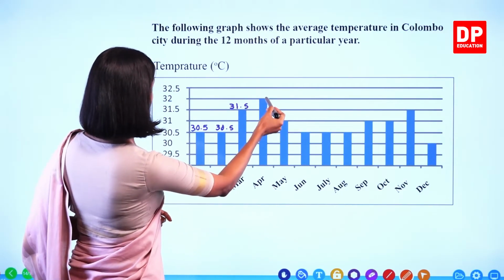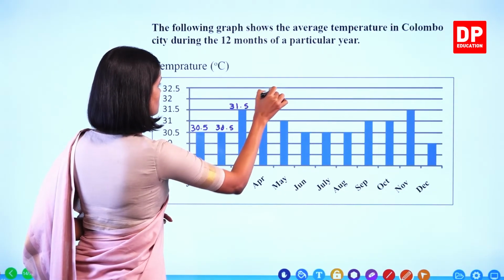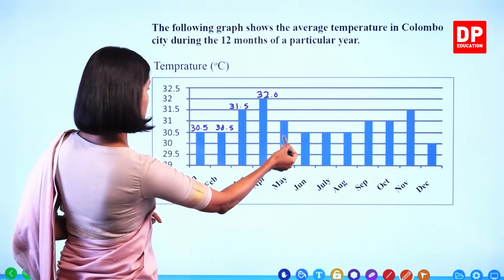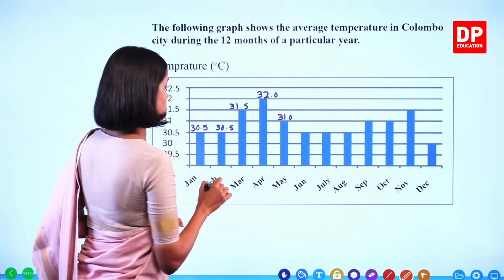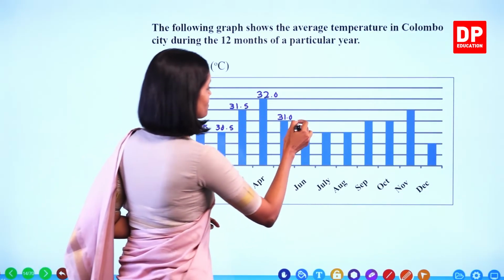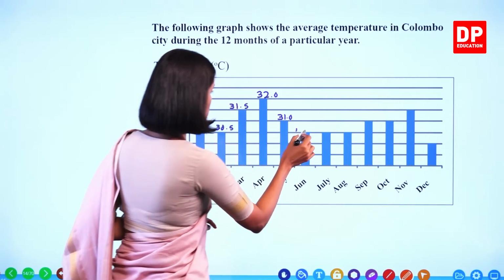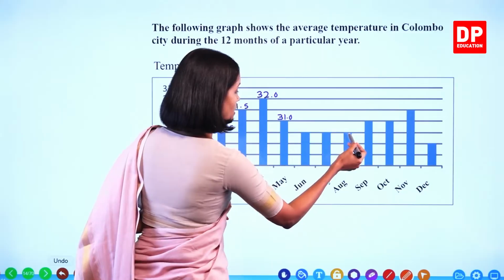April 32. May 31. We'll write 31.0. June 30.5. June, July both 30.5. And even August.